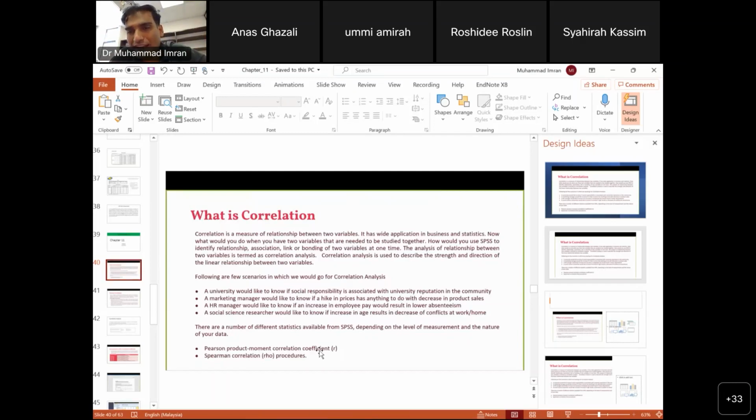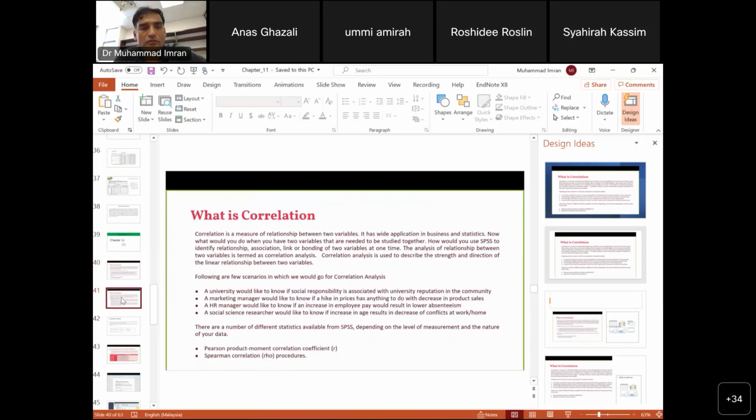If your data is normally distributed and your scale is interval or ratio, then you can use the Pearson product moment correlation coefficient. How about when the data is not normal, but categorical or ordinal, not interval or ratio? Then you can use the Spearman correlation, rho procedures. Okay, now let's move forward.